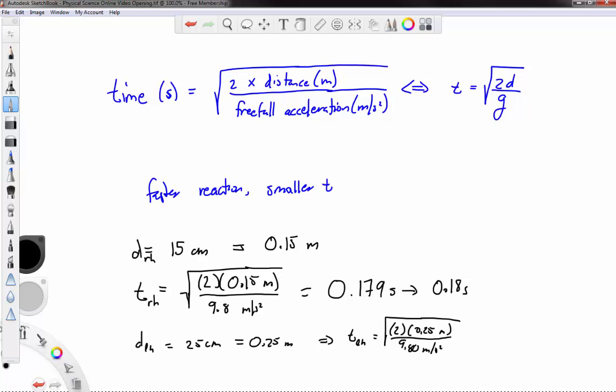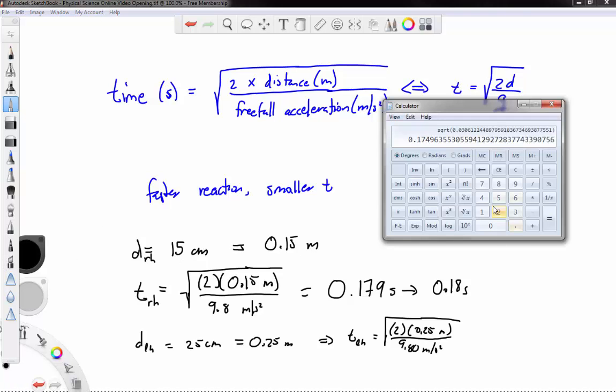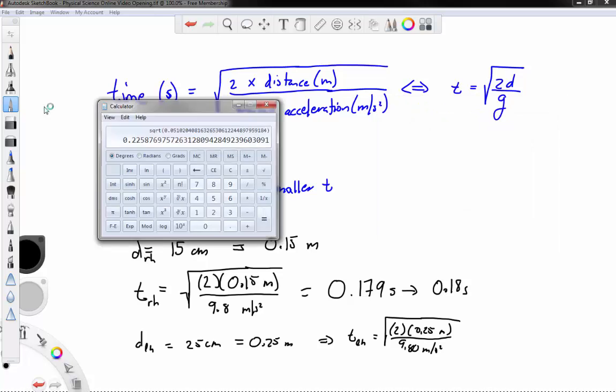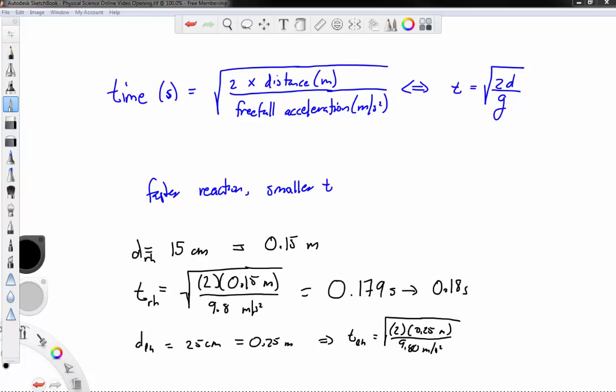So let's pull open our calculator because we got to calculate that guy now. And what this is telling us basically is we have 2 times 0.25 divided by 9.8, and then we take a square root and we get 0.225876, so maybe 0.2259 seconds.